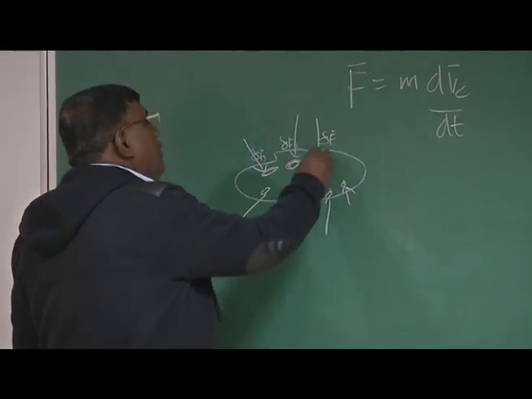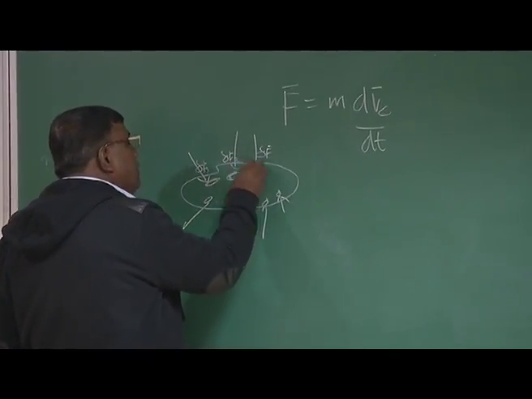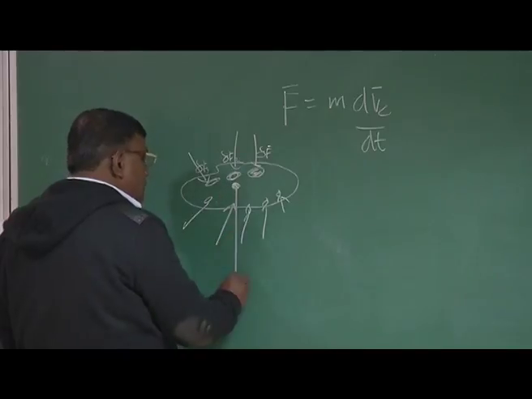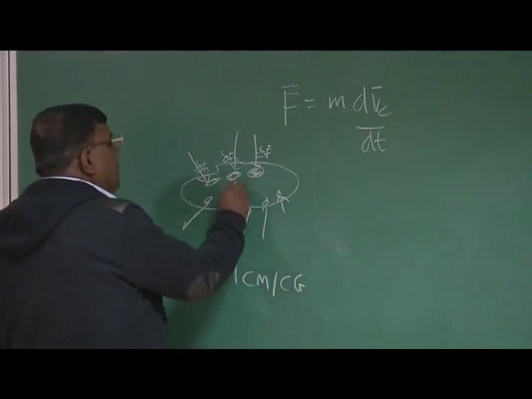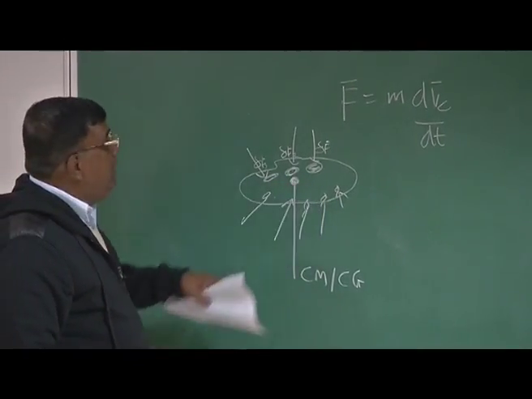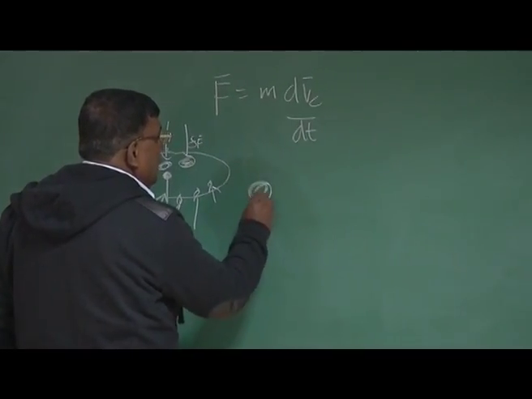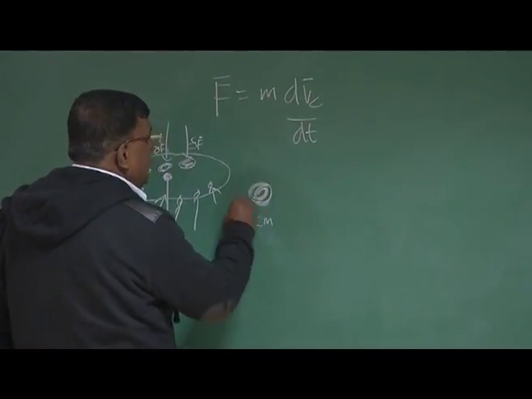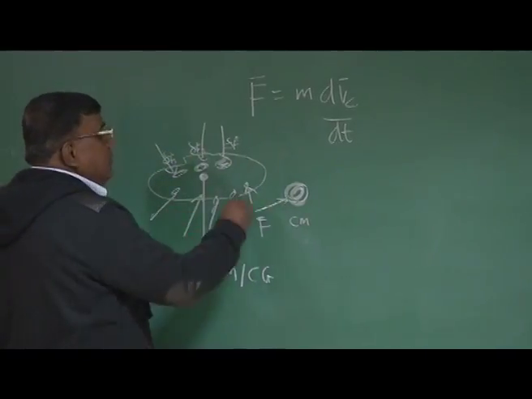Forget about the delta mass and all this. Find out the center of mass of the whole body. So this is the center of mass, or for our case it is the CG also. Once you have located that point, assume that the whole mass is at that center of mass, and it is acted on by a force F, which is the resultant of these forces.